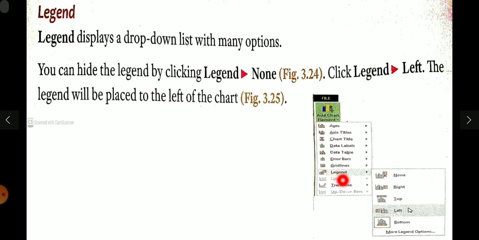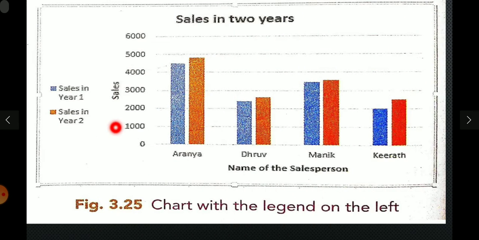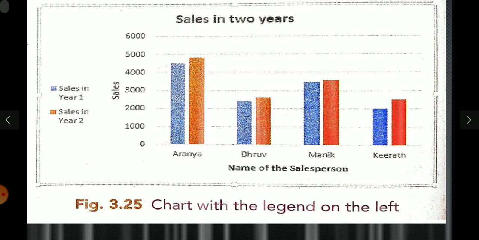Here we can find the legend options, and we click left, giving the chart with the legend on the left. So we can select where it should be placed by the legend options.